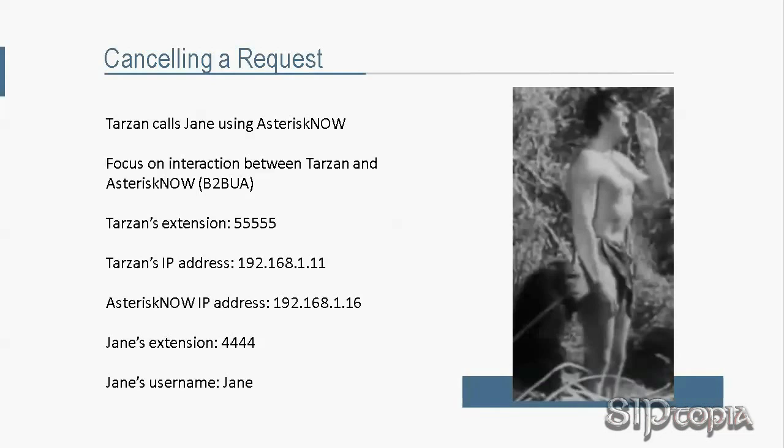Similar to part 4, since *now is a back-to-back user agent acting like user agent server of Jane, we will be focusing only on the communication between Tarzan and the *now PBX. Just for the record, Jane has the extension 4444, but the system allows users to call others by name. Therefore, Tarzan dialed Jane to reach Jane.